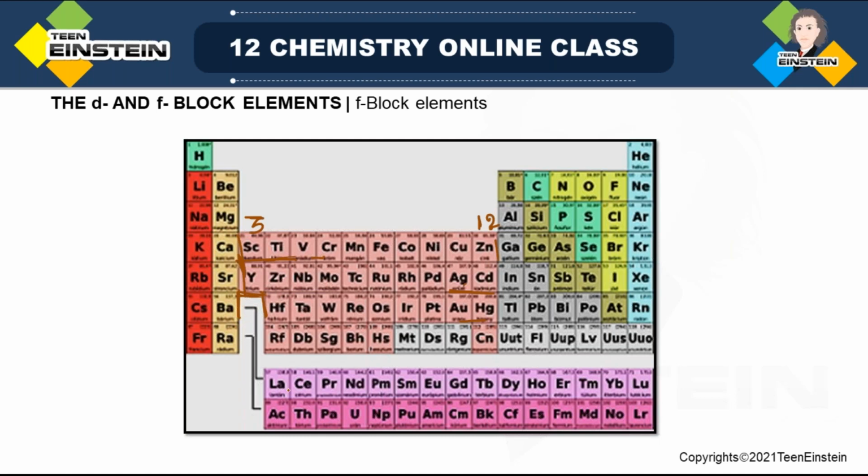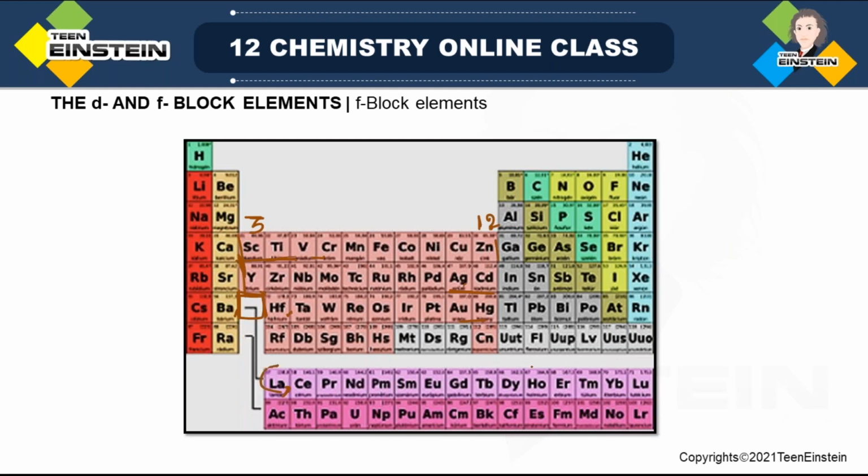But lanthanum, though here it is the next element after Ba, after La the next element is not Hf, because though it is a single place, basically 15 elements are residing simultaneously.